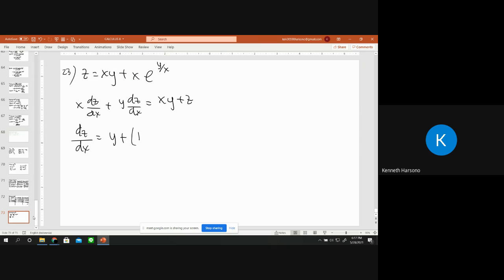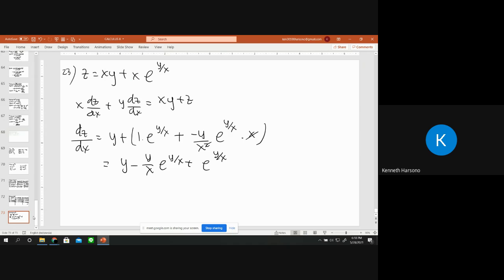We have 1 times e^(y/x) plus derive this one with respect to x, so minus y over x squared e^(y/x) times x. So this one cancels out. This becomes y minus (y/x) e^(y/x) plus e^(y/x).